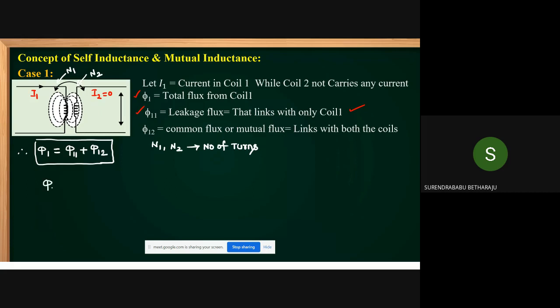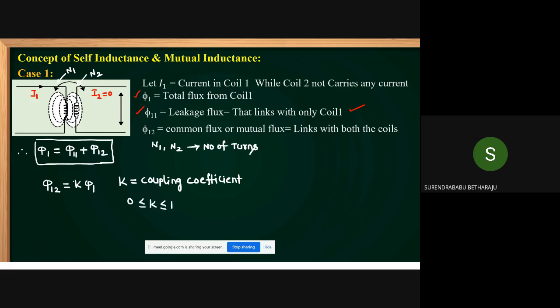That fraction I am defining as phi 2 equals k into phi 1, where k is the coupling coefficient. Very important fundamental formulas from the GATE point of view. The range of k is 0 less than or equal to k less than or equal to 1.